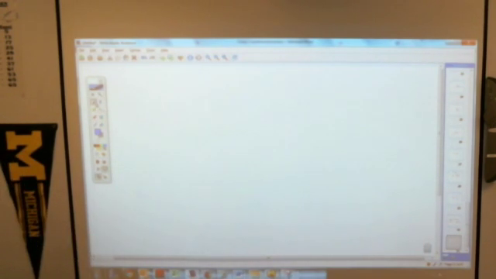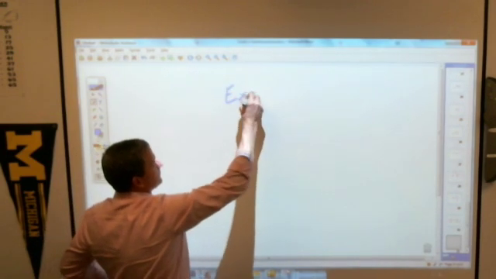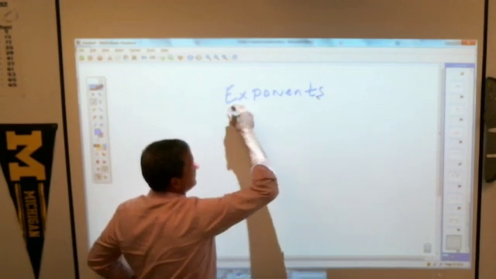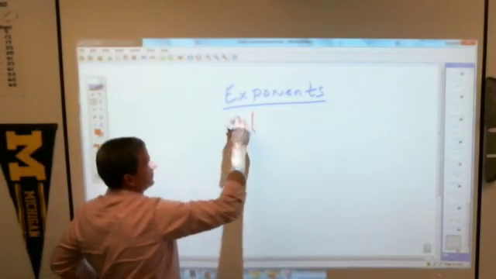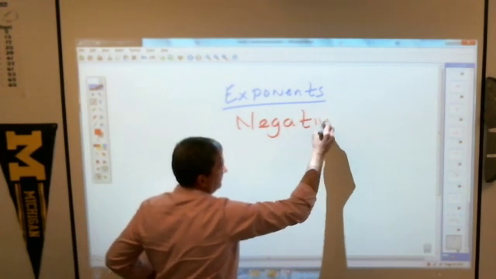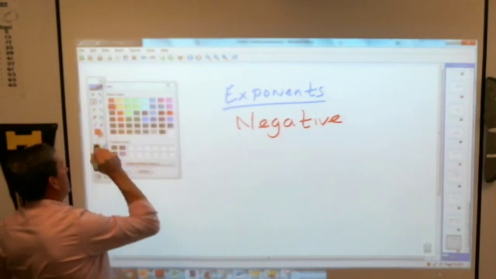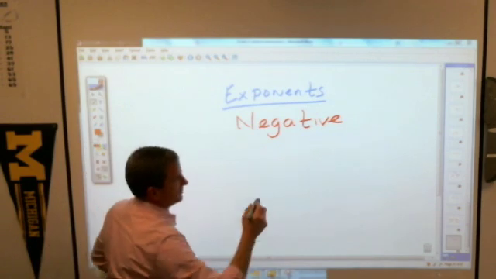All right, under exponents, ladies and gentlemen. Put a ginormous little word here that says negative. And as a little subtopic to the subtopic there, please understand this.